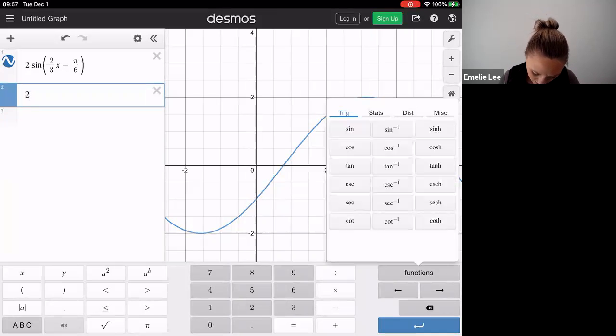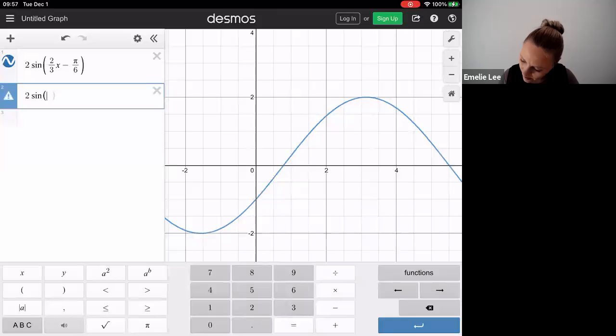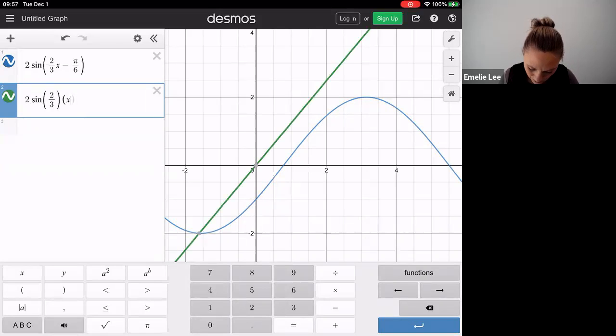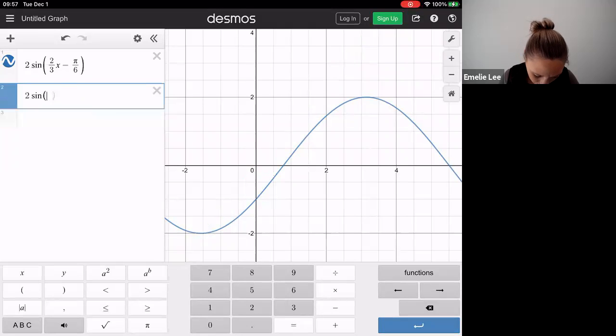2 times the sine of 2 over 3, and then I'll do a bracket times, how do I do it in Desmos? I didn't even try it. Sine 2 over, you know what, I'm going to do 2 brackets.